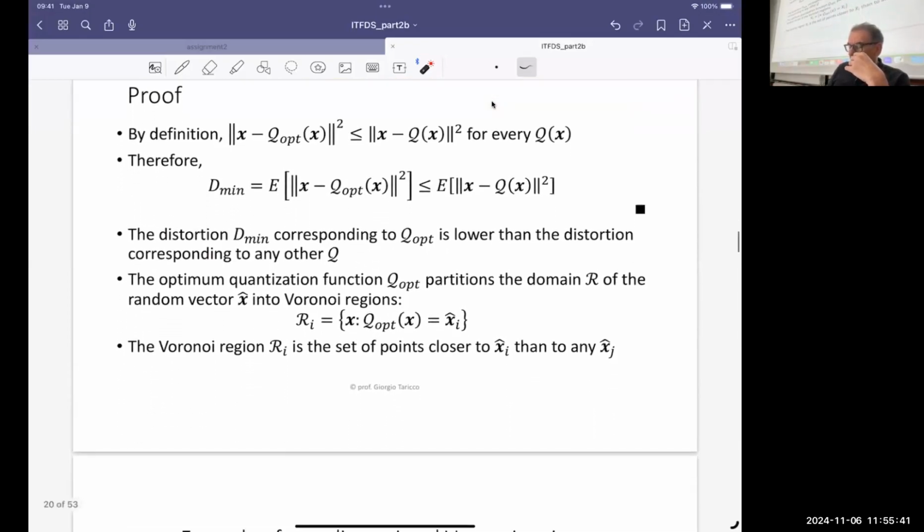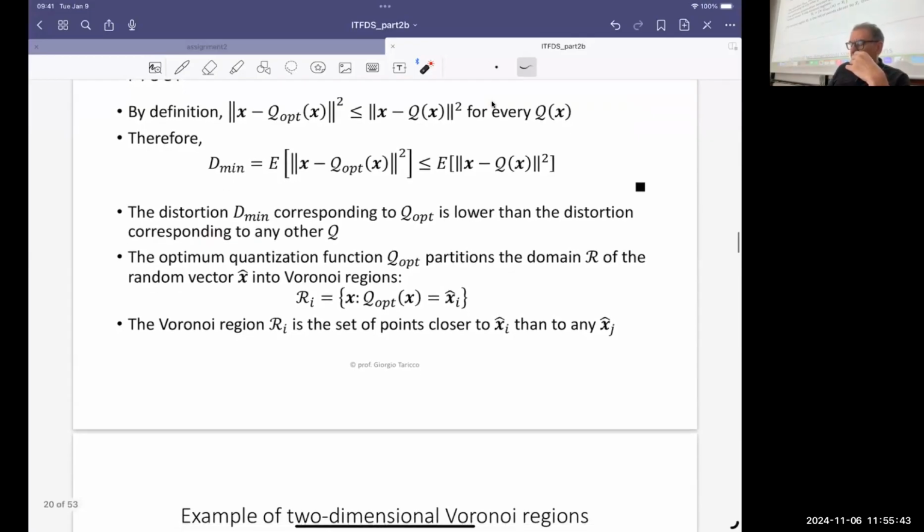This property allows us to say that the optimum quantization function partitions the domain of our vector X, the domain R, into a set of Voronoi regions. Probably you have already heard this in other contexts.